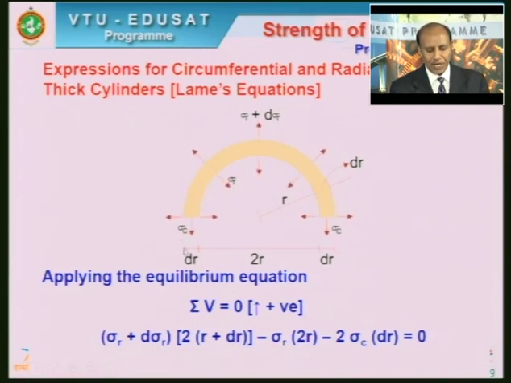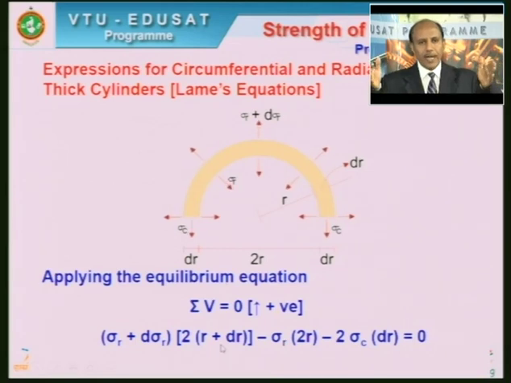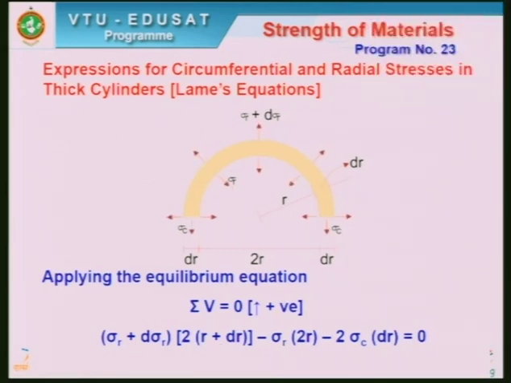When I say projected area, it's the distance from the outer edge from here to here. That would be 2 times r plus dr, the entire outer horizontal width, into 1 unit length. Similarly, we repeat this for the internal pressure.